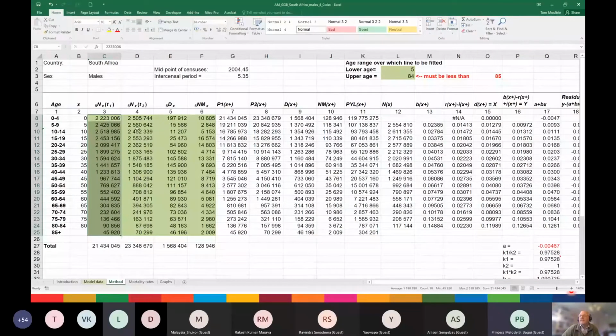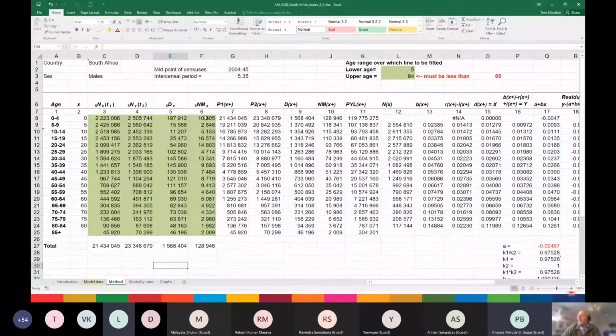Our population in 5-year age groups at the time of the second inquiry, which was our community survey of 2007. We need an estimate of the number of deaths from our civil registration system between 2001 and 2007. These would be extracted from our civil registration system.